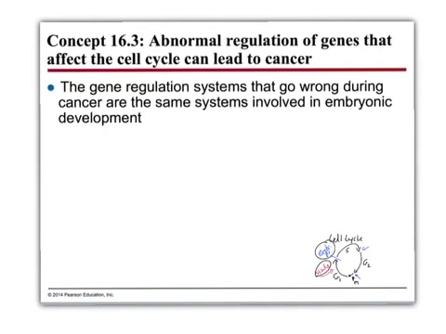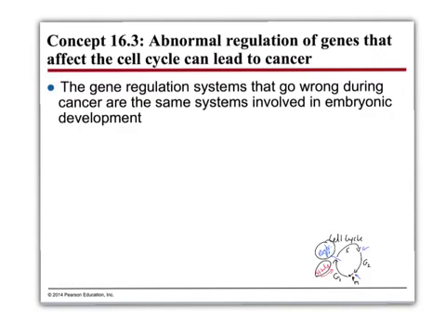So this is controlled by abnormal regulation of genes that affect the cell cycle. The cell has its normal gene systems that provide and drive cellular growth or control it normally, and these can be altered.